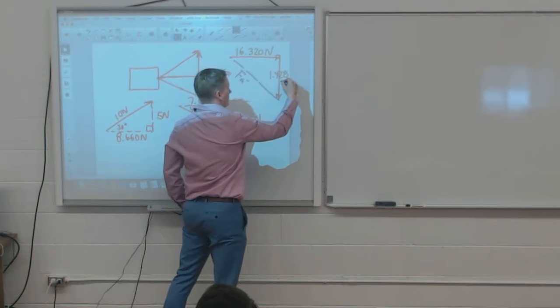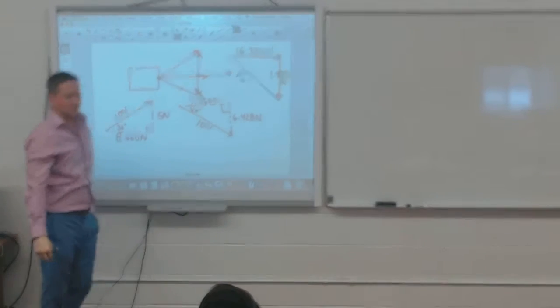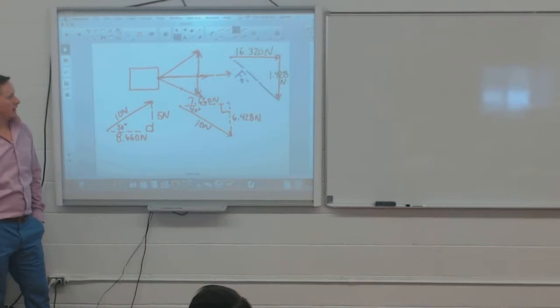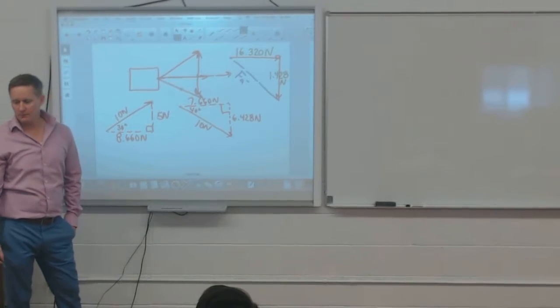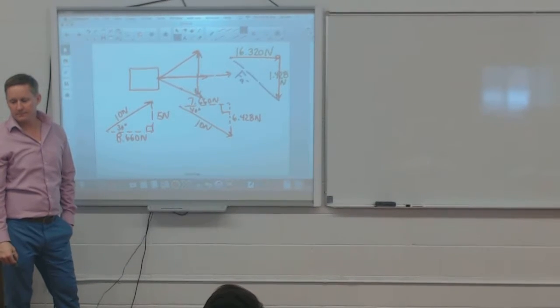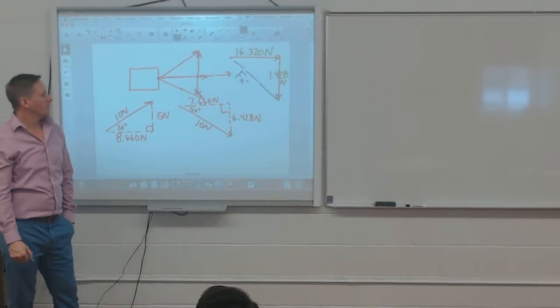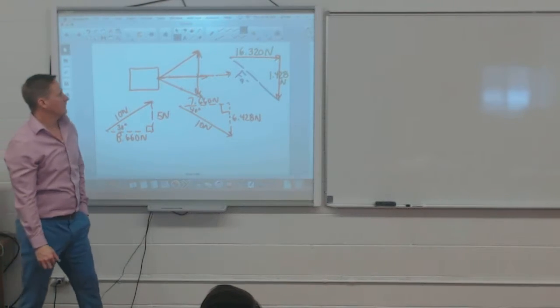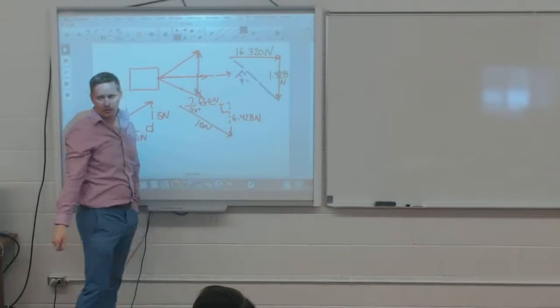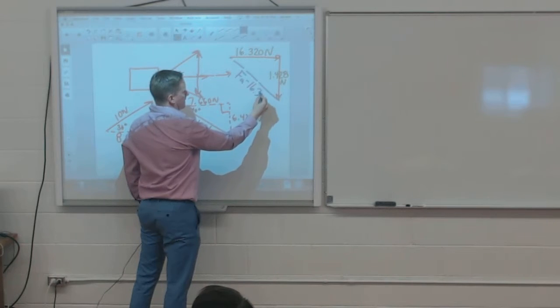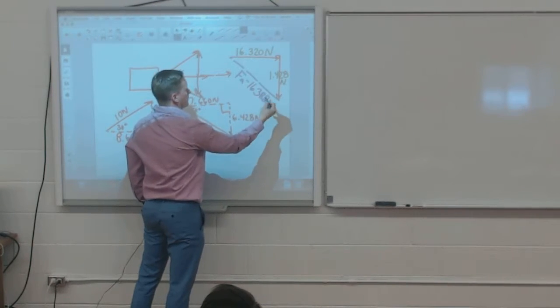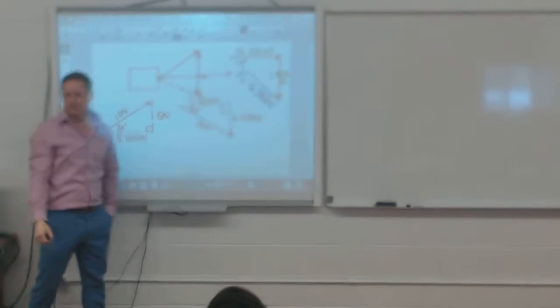And he's pulling 1.428 newtons down. Okay, so what's his force applied then? Square this, square that, take the square root of it. 16.38 newtons. And then I have to find that angle.